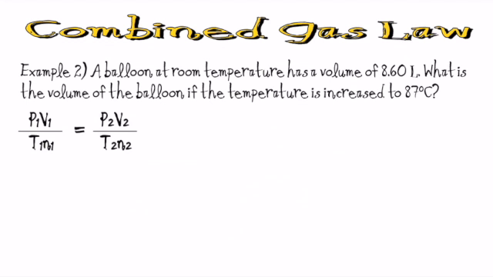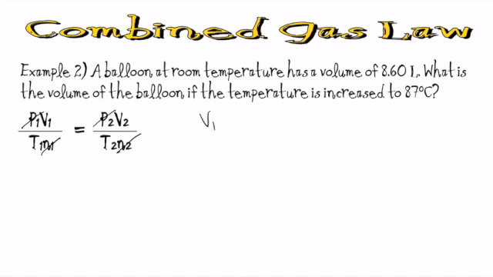Example 2. A balloon at room temperature has a volume of 8.60 liters. What is the volume of the balloon if the temperature is increased to 87 degrees Celsius? So the pressure stayed the same and number of moles stayed the same.